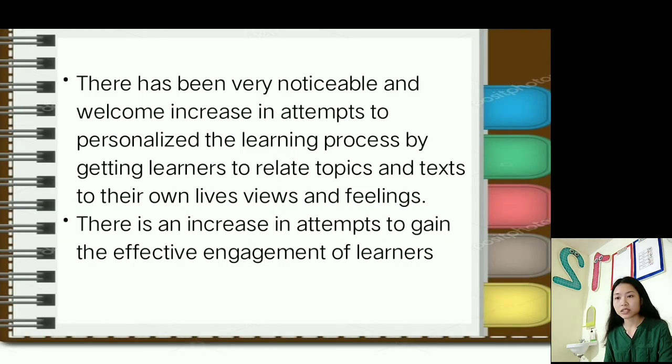Another positive trend: there has been a very noticeable and welcome increase in attempts to personalize the learning process by getting learners to relate topics and texts to their own lives, views, and feelings. There is an increase in attempts to gain the affective engagement of learners.